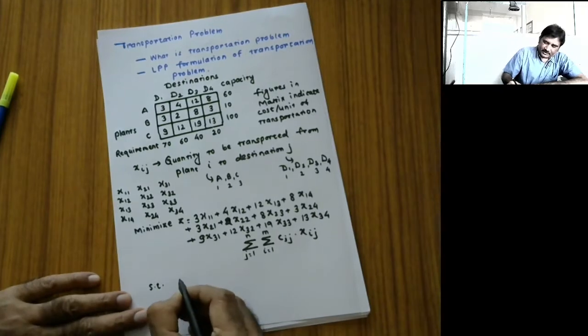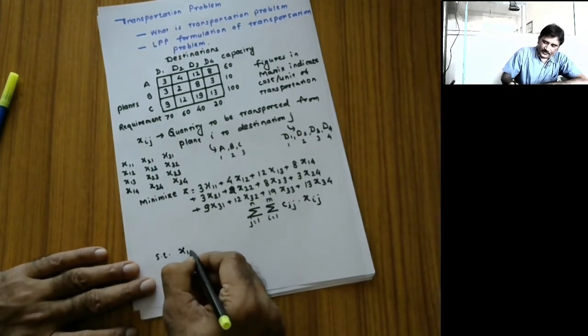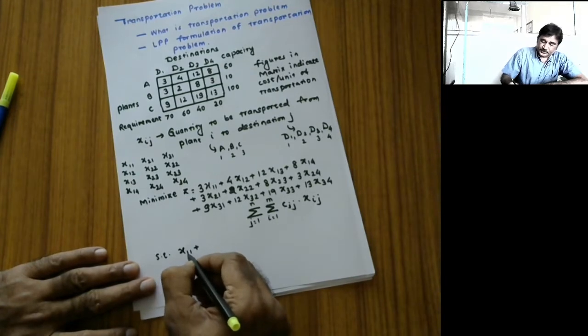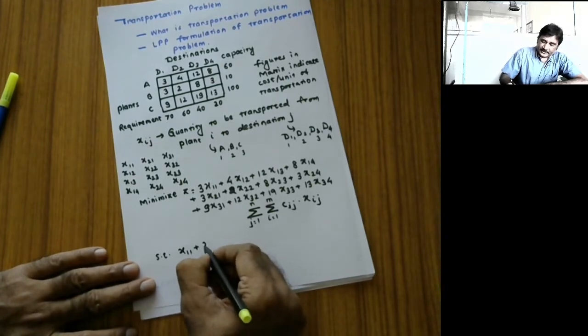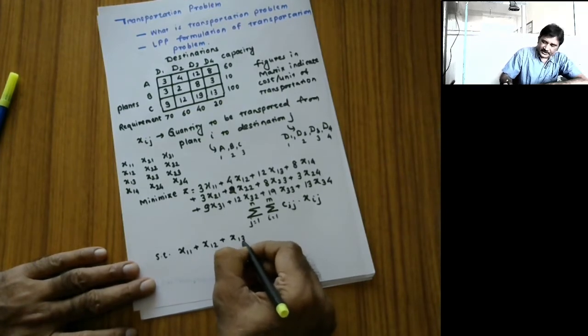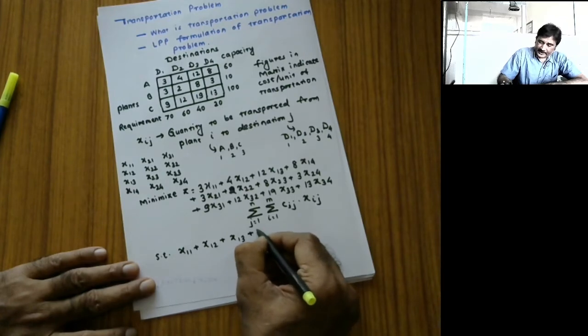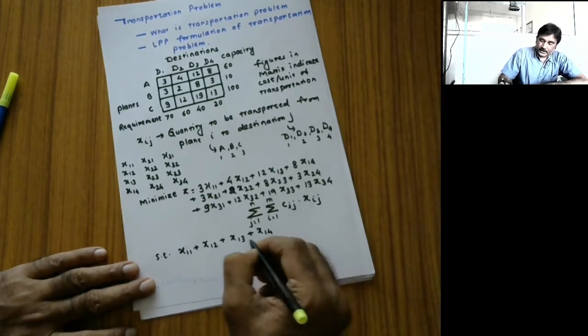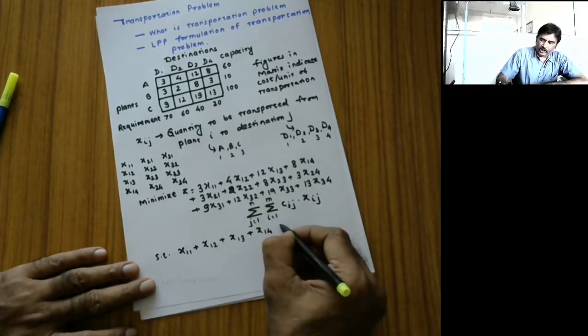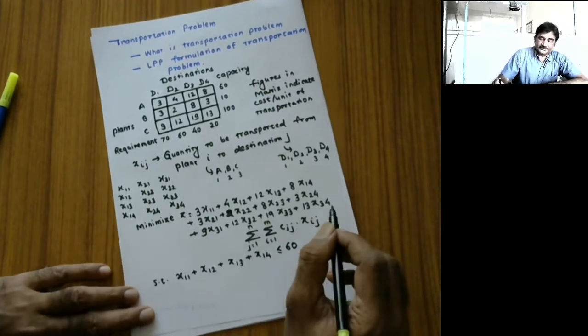So the corresponding quantities are X11, the quantity transported from A to D1, then X12, A to D2, X13, A to D3, then X14. This sum should be less than or equal to 60.